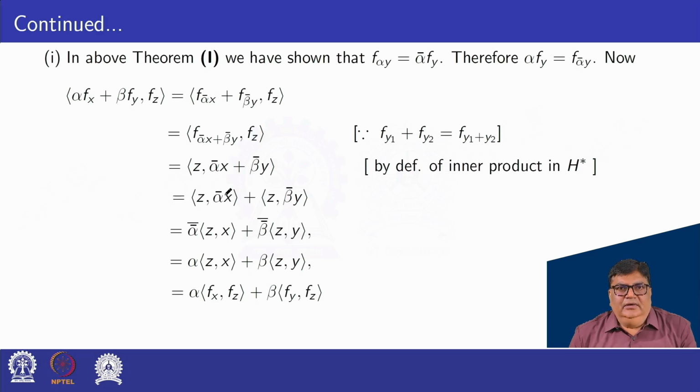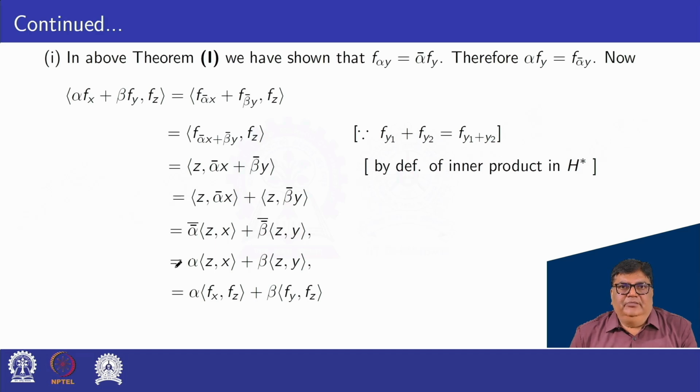And again, using the conjugate linearity of the inner product, ᾱ comes out of the inner product as its conjugate, so we can write this as the conjugate of ᾱ times the inner product of z and x, plus the conjugate of β̄ times the inner product of z and y. Okay, so ᾱ double bar is α, and β̄ double bar is β.